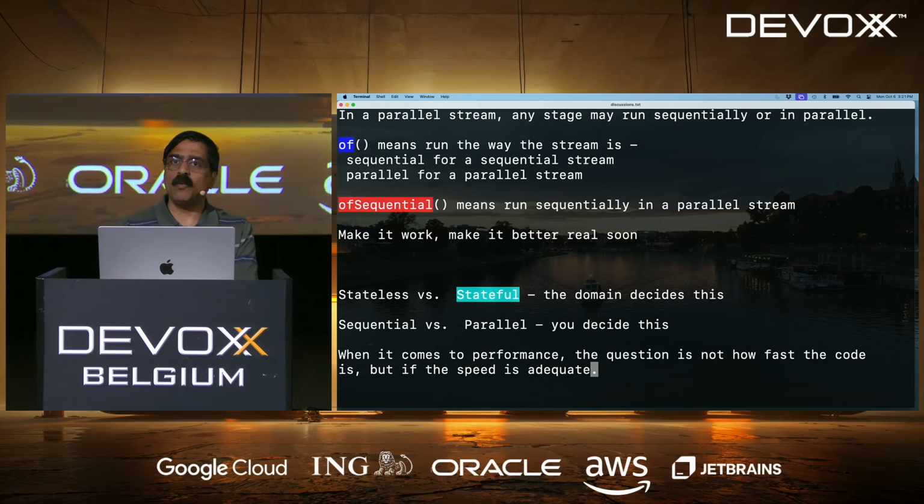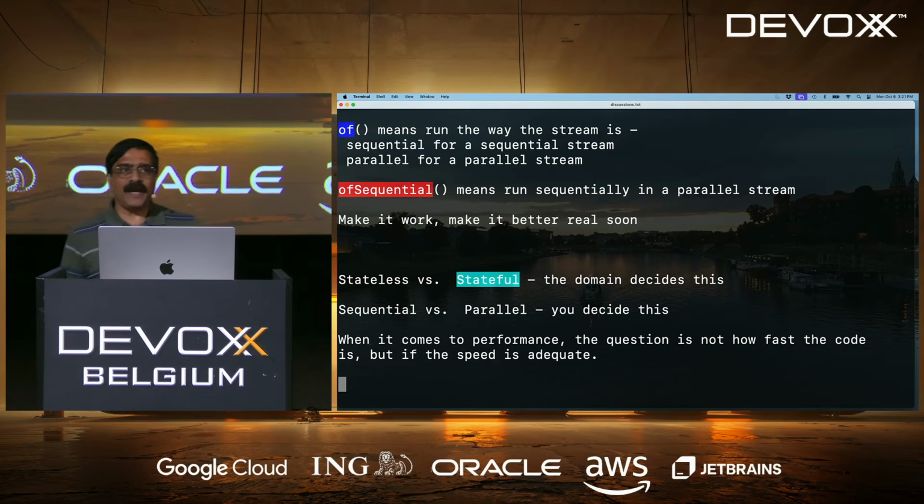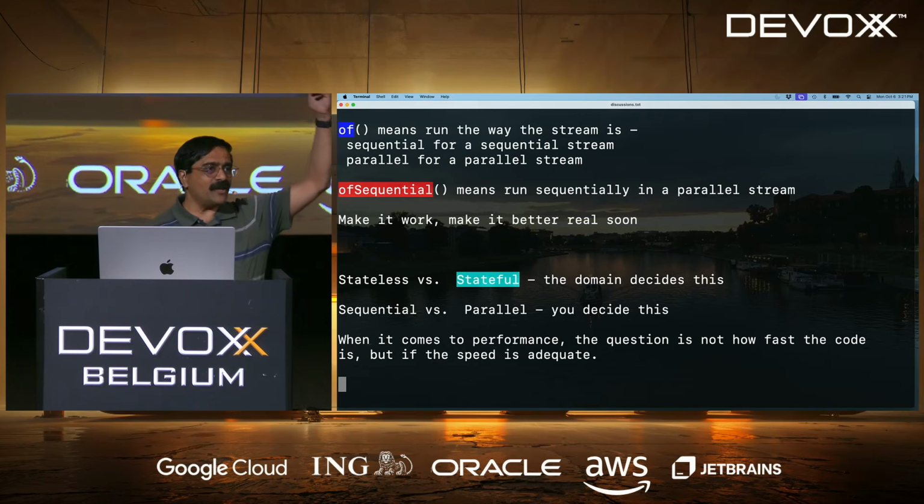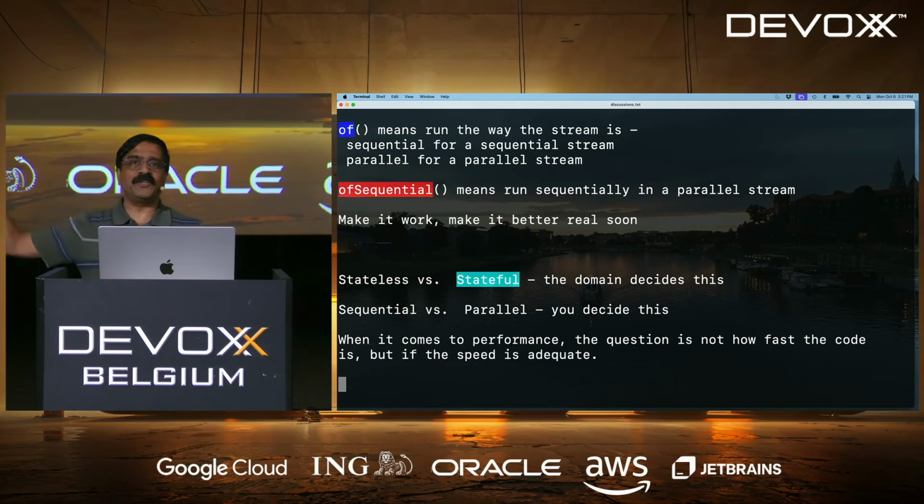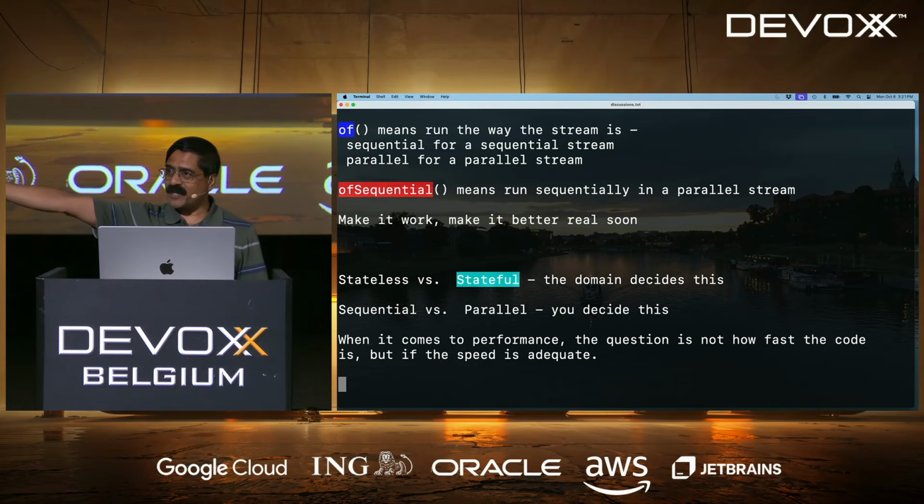That's what you really want to ask. Is the speed adequate? If the speed is adequate and you put more effort to make it faster, you got zero benefit, but you got all the complexities you brought in. So the cost actually increases when you try to make it faster than it needs to be.